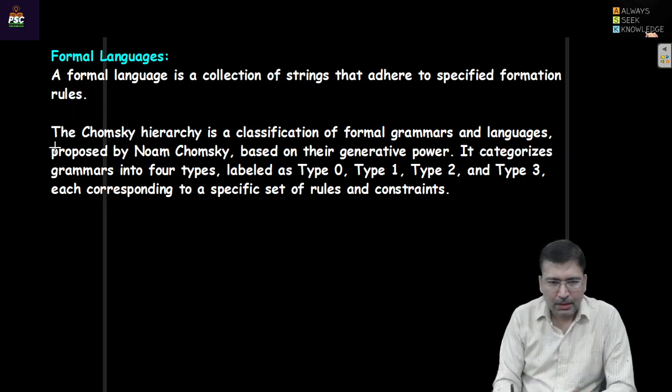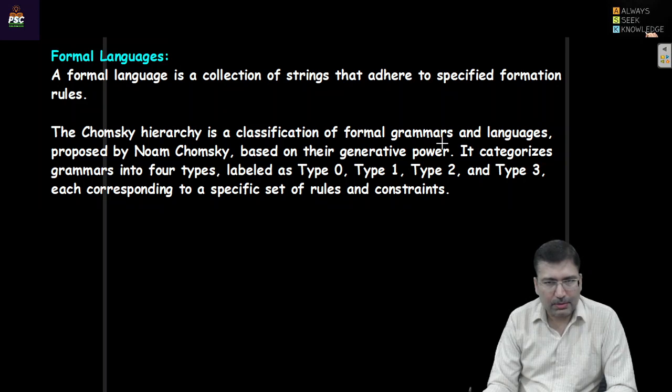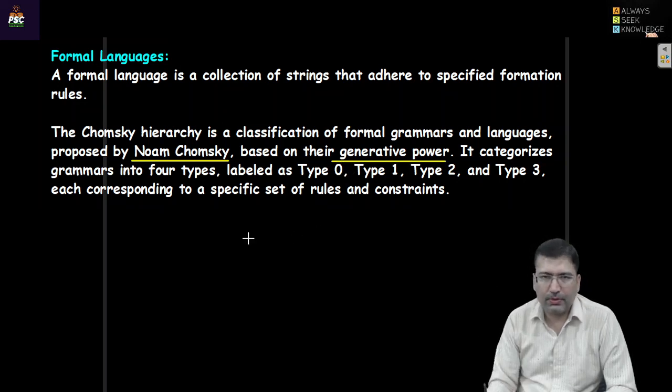The Chomsky hierarchy is a classification of formal grammars and languages proposed by Noam Chomsky, based on their generative power, as I have already told you.